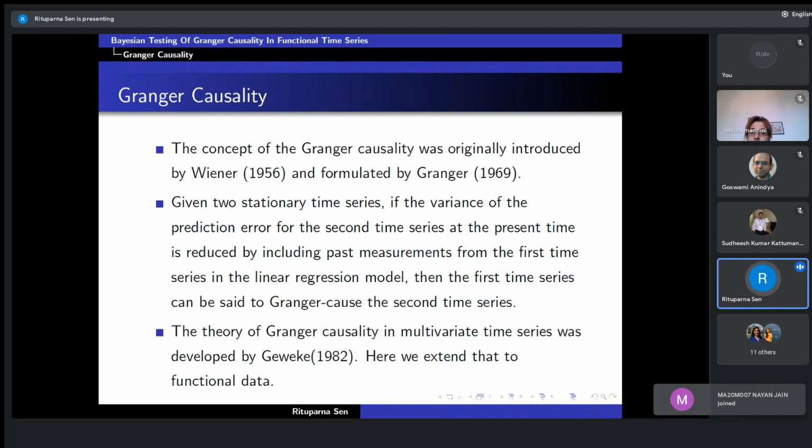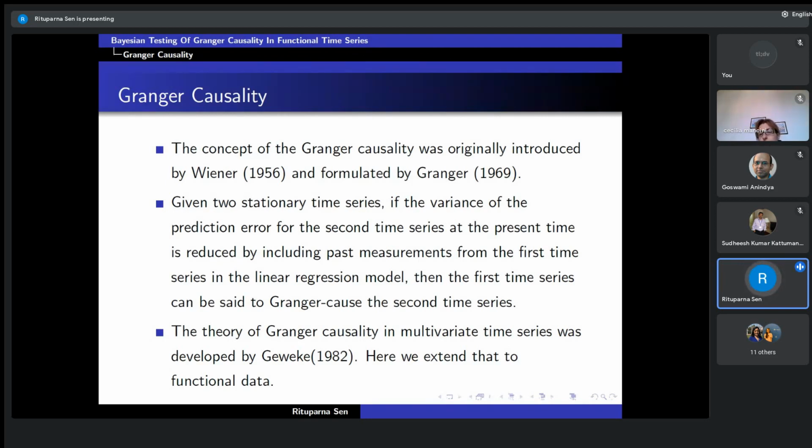In words, what that means is you are trying to predict, let us say, the series y. You can use the past of y to predict future values of y. You can use the past of y and the past of another covariate x to predict the future value of y. Does including the x in the prediction improve the prediction? That is the concept of Granger causality. If it does, then we will say that x is Granger causing y.